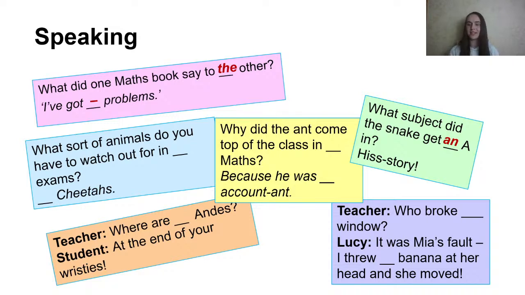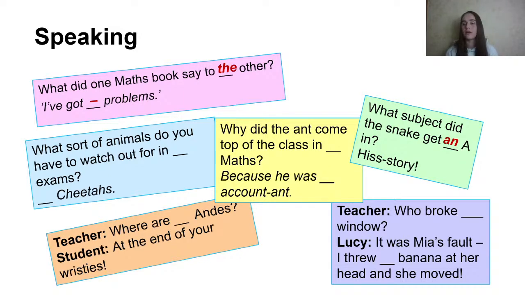So no article is used? That's right. Yeah. So what subject did the snake get? Oh, sorry, no. I just read your answers. N, A in. So we're talking about this grade, this mark that is used. A is considered to be the highest mark for English pupils. It's like 12 points in our schools, or five.